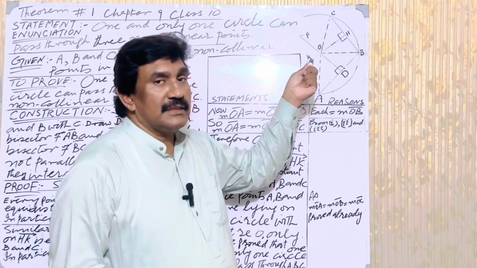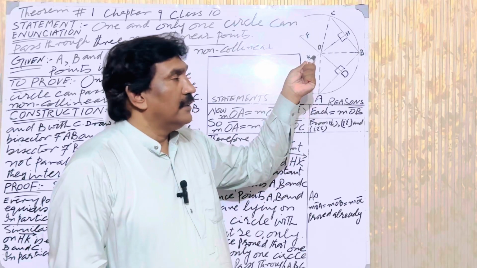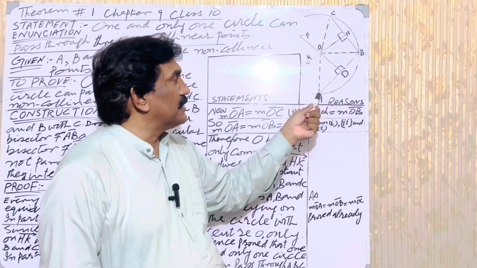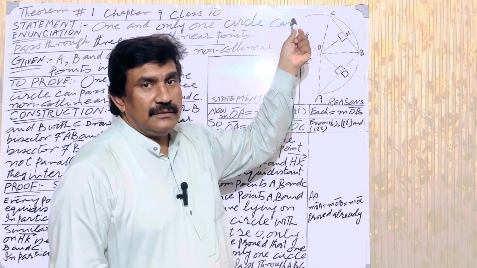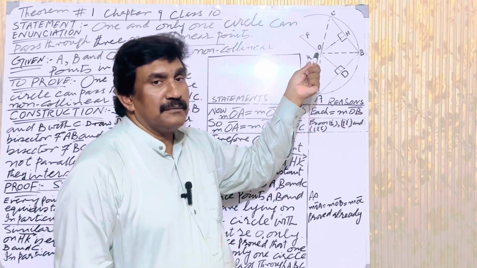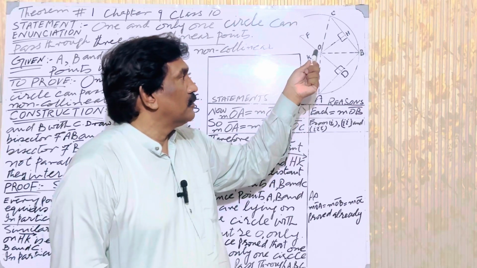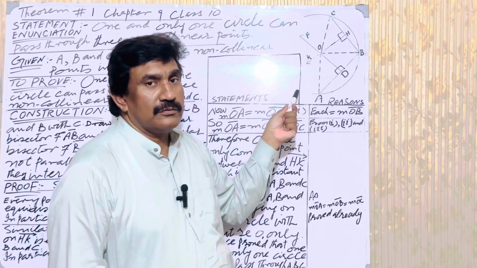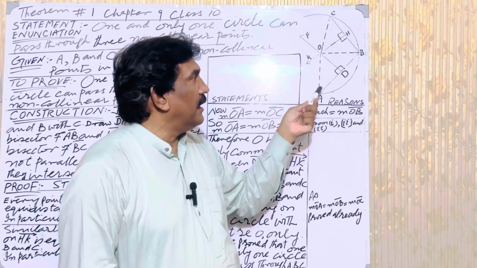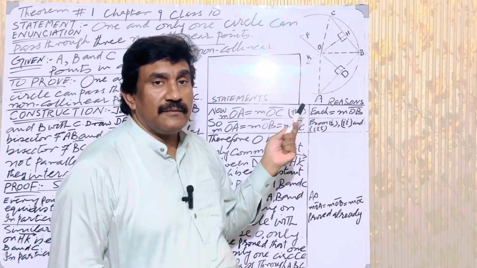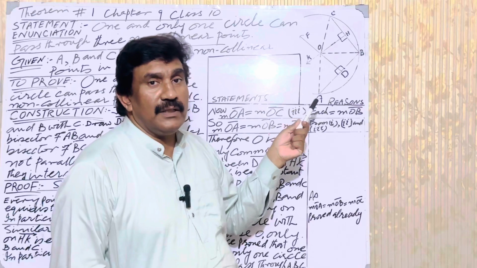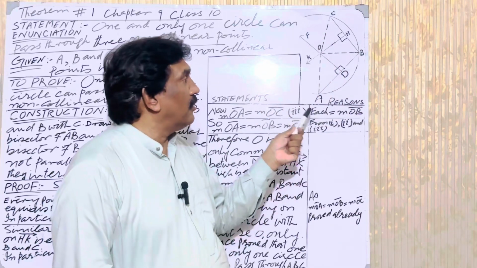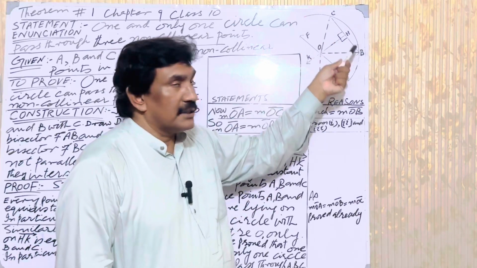The definition of the circle is, if you take the distance from the center to any point on the circumference, suppose this is the circumference, okay, and you take the distance from the fixed point O. So we have taken the distance to the circumference at points A, B and C, and that is equal. Okay, if that distance is equal, it means definitely A, B, C will be lying on what? On the circle.